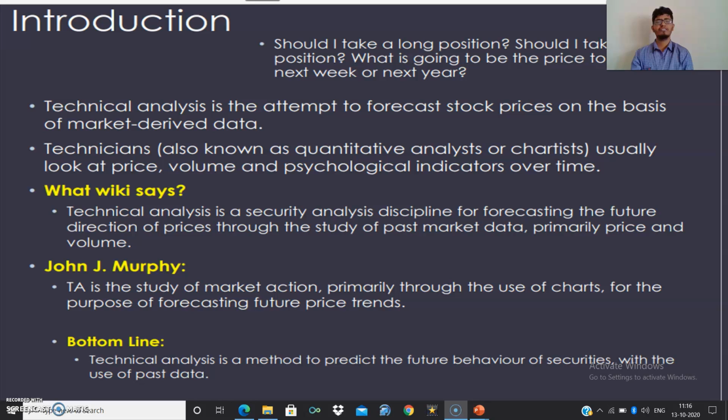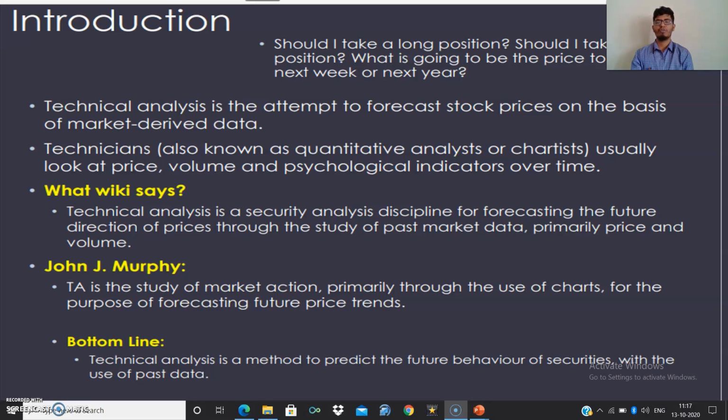Technicians or quantitative analysts will prepare charts. They will look at the price, value and psychological indicators over time, and they will prepare information about the capital market. By using that information, we can decide what the price would be tomorrow and what we should do, buying the security or selling the security.